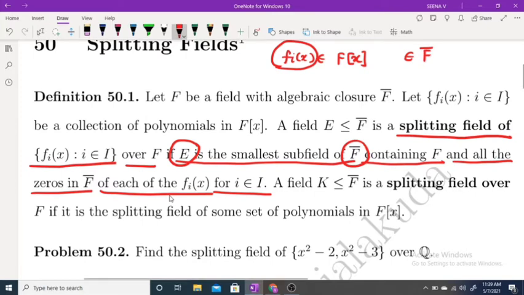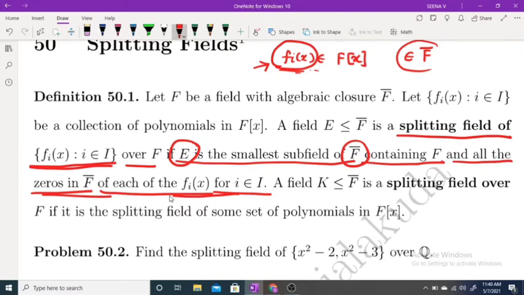So you are considering each polynomial f_i and all the zeros of each polynomial f_i. And E must be the smallest subfield of F closure containing F and all the zeros in F closure of each f_i. Then we call E a splitting field of {f_i | i belongs to I}.